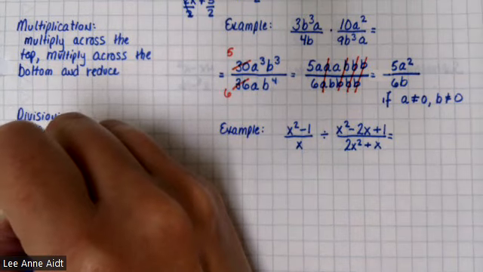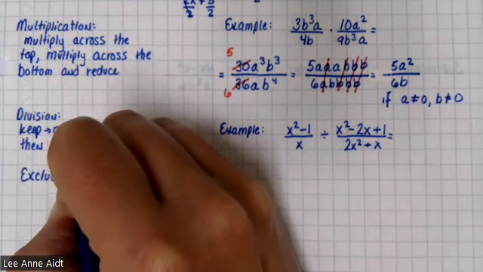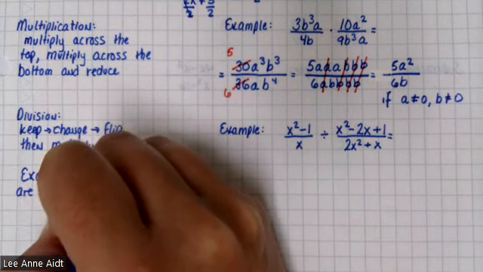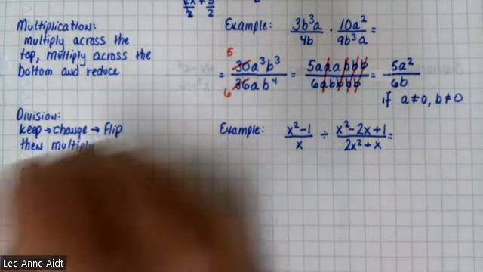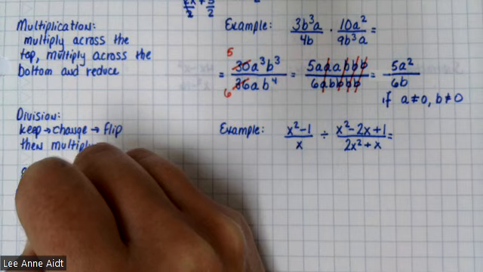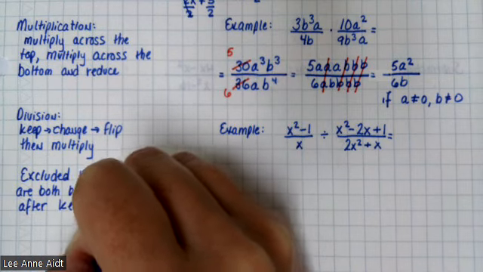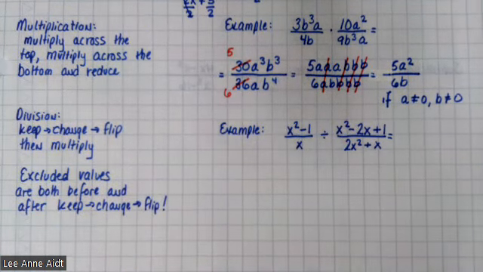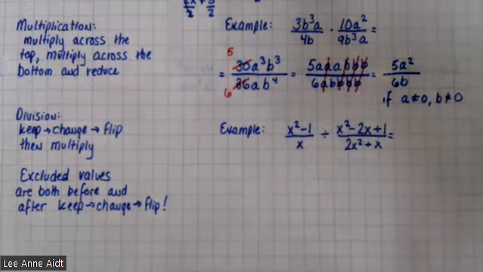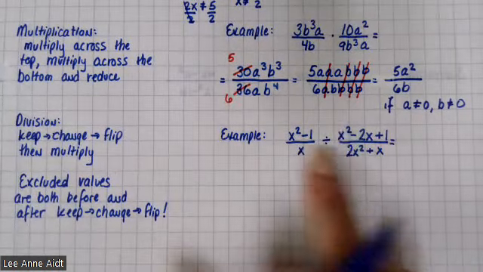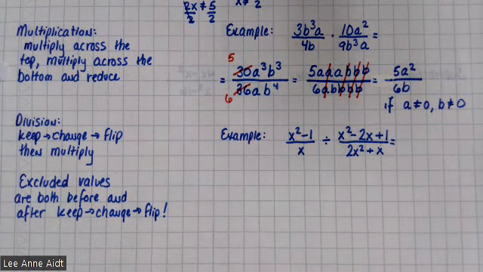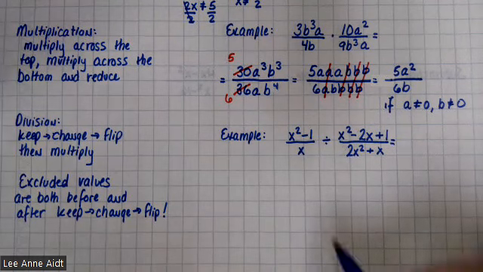Okay, what does that mean for you? What is my recommendation? My recommendation is if there's factoring involved, factor it how it looks, and then keep change flip, and then do your excluded values.